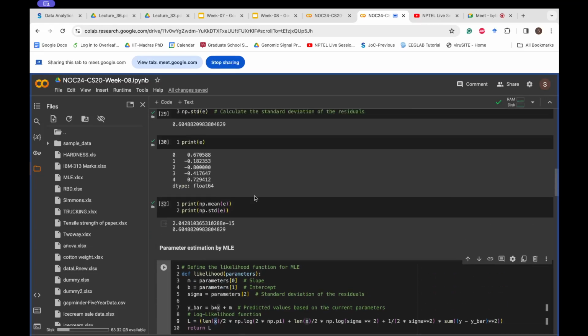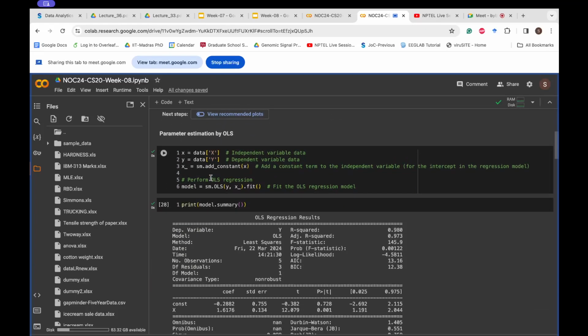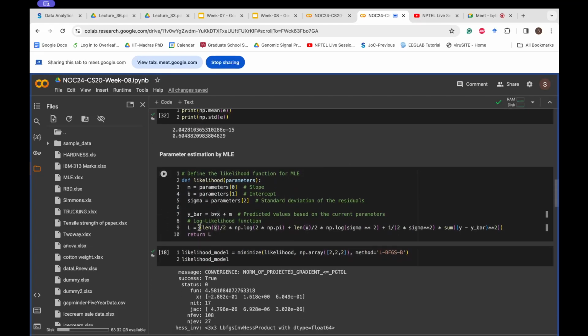I'm taking x over here from the Excel file, and we want to optimize this particular likelihood function. Why this particular formula over here? You will get this when you take the derivative of the likelihood function with respect to each of the unknown parameters and equate them to 0 to get the values of the unknown parameters.